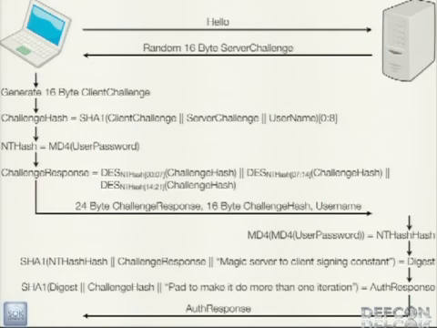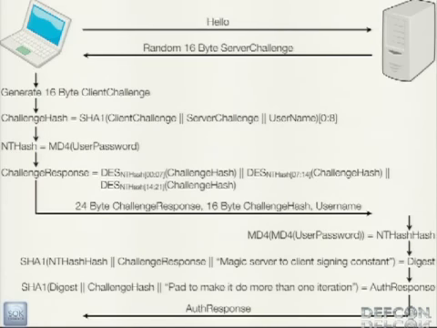Then calculates another SHA-1 hash of the previous digest, the challenge hash, and the literal string, pad to make it do more than one iteration. And then sends that back to the client. You get the feeling that maybe the designers didn't know that this was going to be public one day, right?